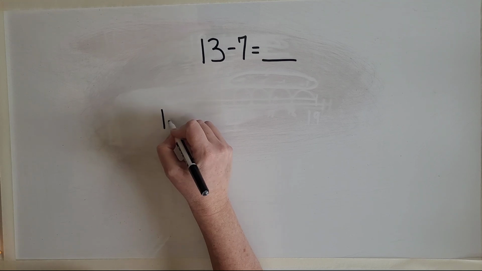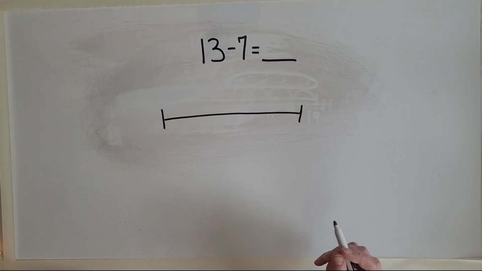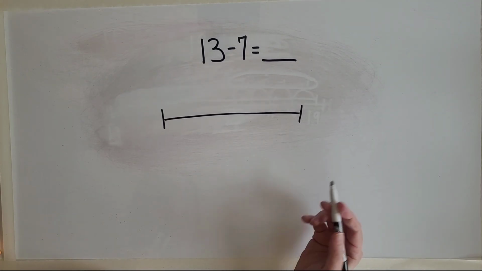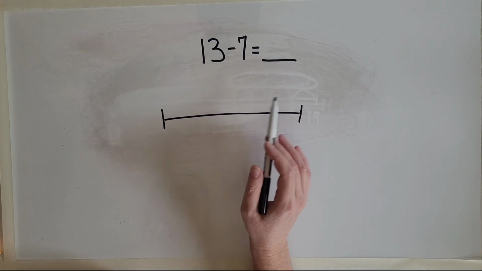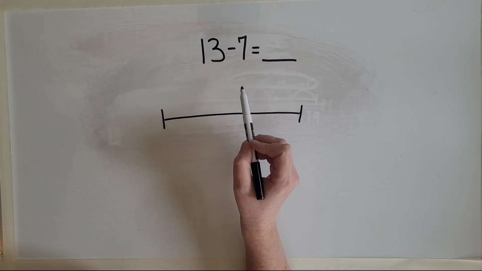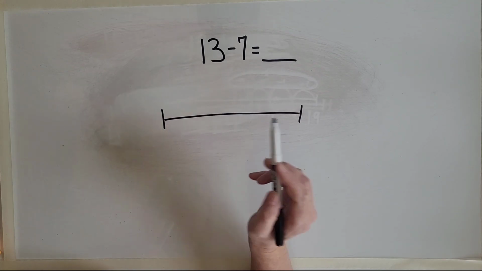But here's a really cool way called distancing or counting up to subtract that will help us. So the way we do this particular subtraction problem on a number line, and I'm going to count up to subtract this time because 7 is a lot for me to count backwards.